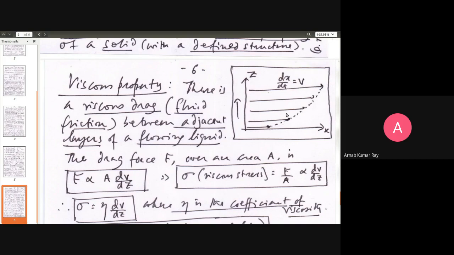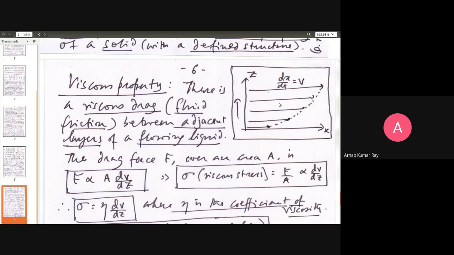Now, just like two palms, if you rub them against each other, they offer friction to the relative motion between the two surfaces. So it is that fluid also has a friction. Fluid friction is loosely viscosity, the viscous property. So what is this? There is a viscous drag, fluid friction between adjacent layers. So this is one layer, this is one layer.